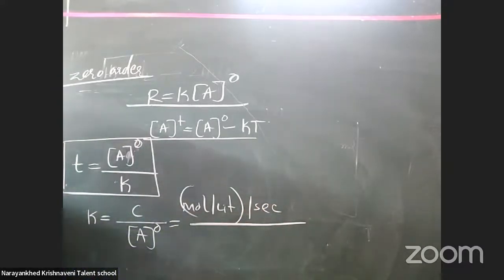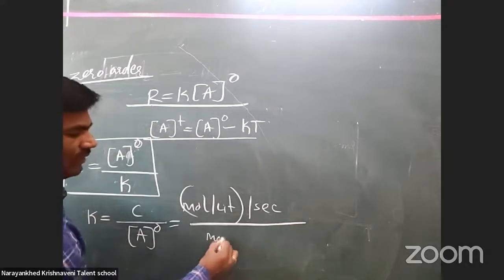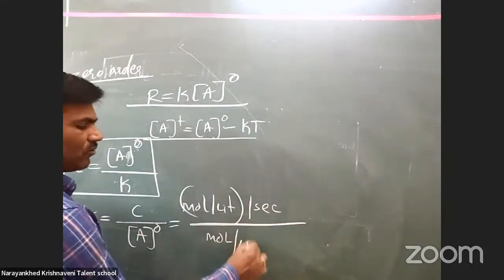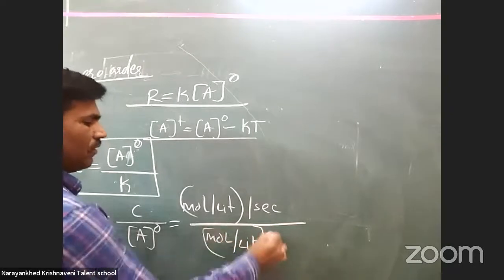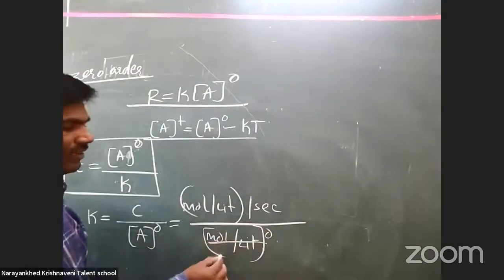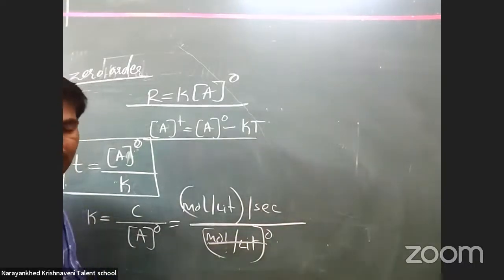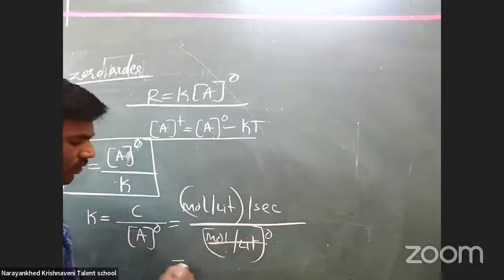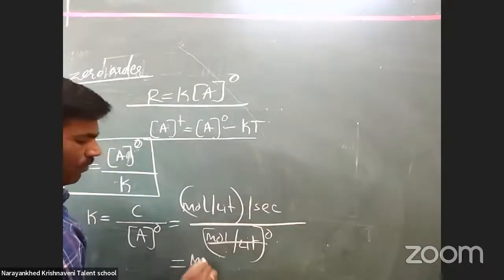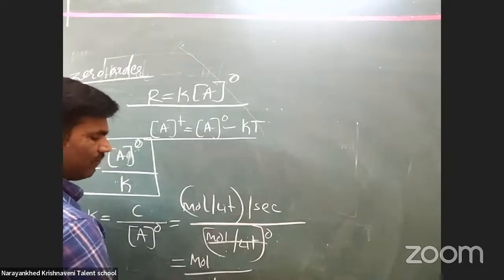Now, we already completed this problem. After that, the concentration is taken as mole to the power of liter to the power of 0. Clear or not, all the students? Something to the power 0 becomes 1. And automatically it becomes mole by liter by second.